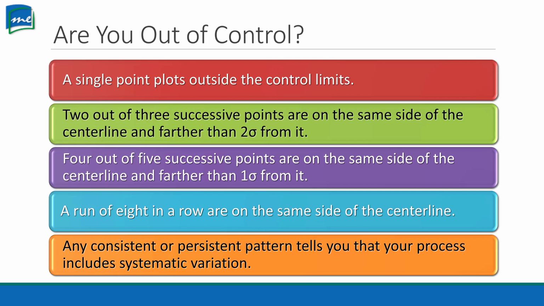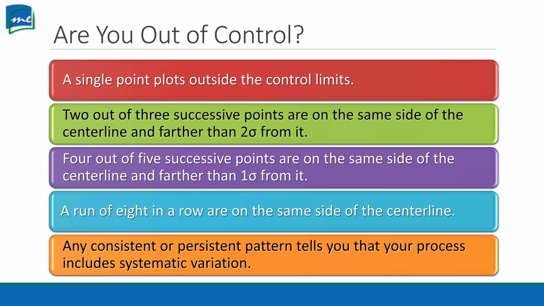So these statistical charts that we've gone over help us determine if our process is in control. They are not the only tool in the toolbox. And sometimes we know there's variation, but we accept it.